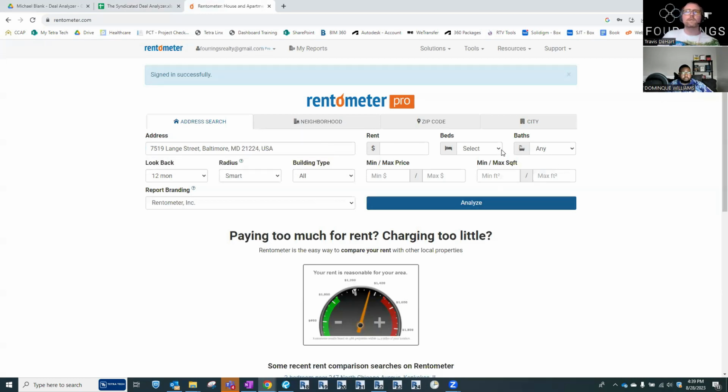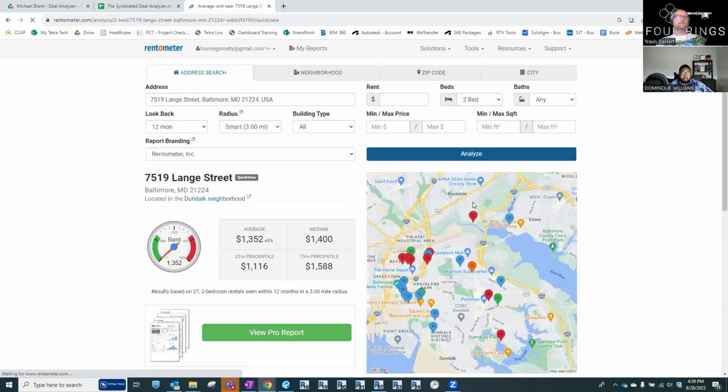And for this particular project, these are 2 bedrooms. So if we just plug those in, say analyze, here you can see the average is right around $1,400 per month for that type of property.